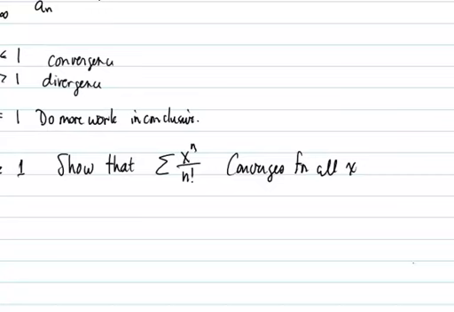So here's our first example. Our first example is show that that series converges for all x. So we're going to do the ratio test, and we're going to consider absolute convergence because we don't want to be dealing with negatives or alternating signs.